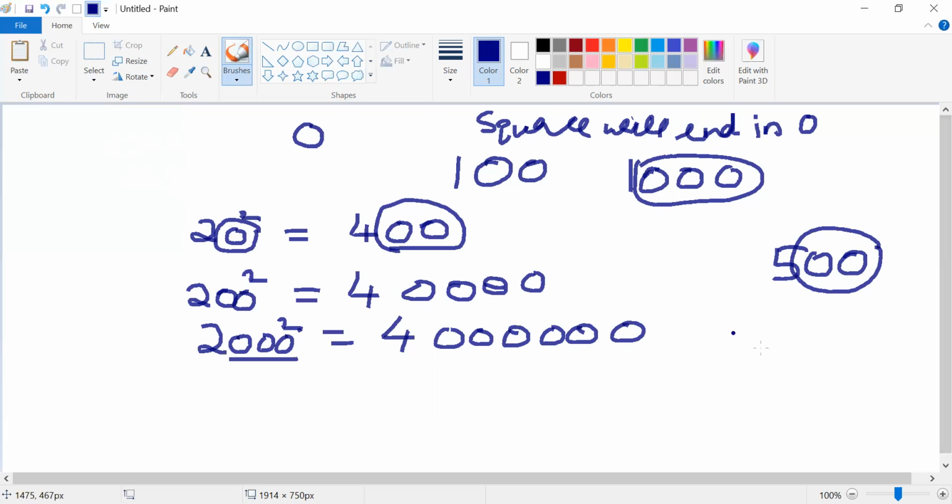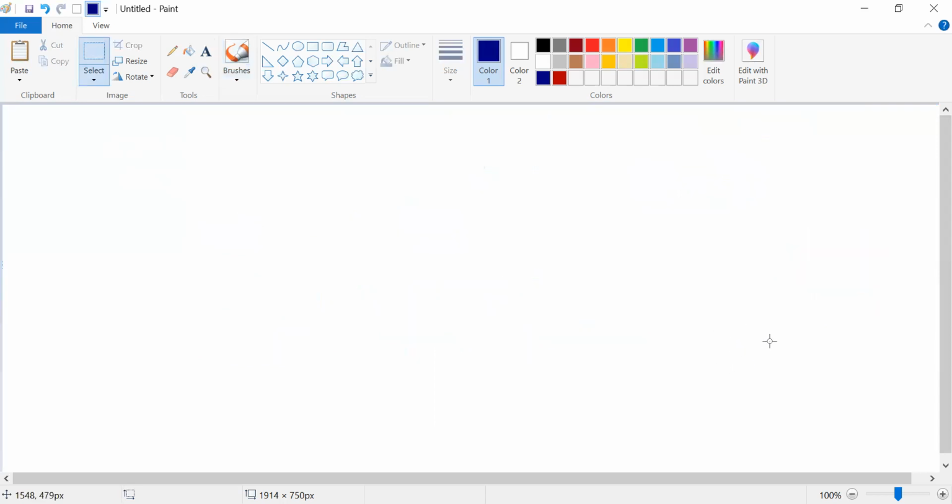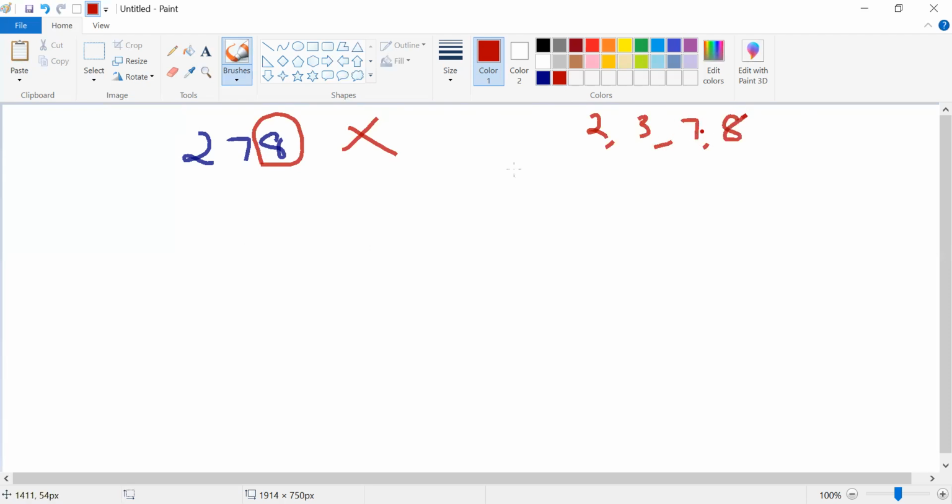But in another case, suppose a number 278. I'm asking you whether it can be a square number or not. Looking into the ones place, immediately you can say not possible, because no square number ends in 8. So this cannot be a square number.